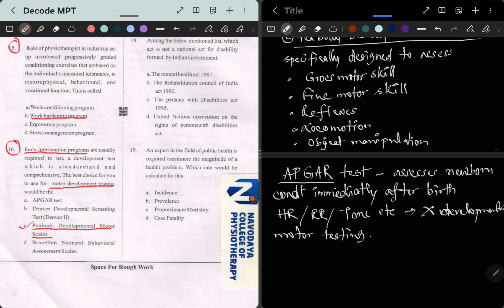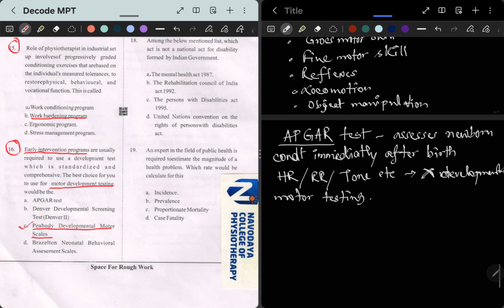The Apgar scale does not assess developmental motor testing.